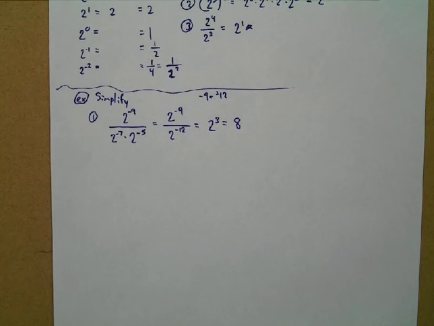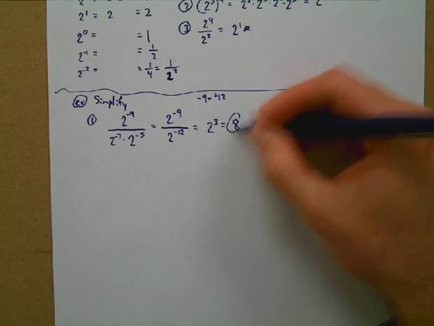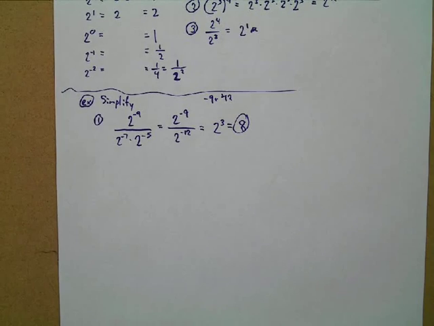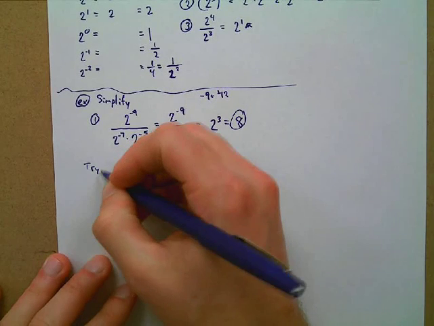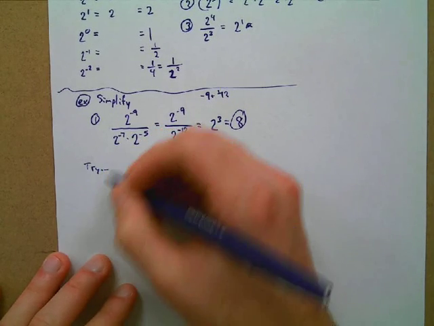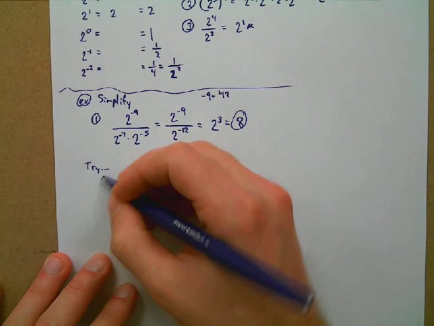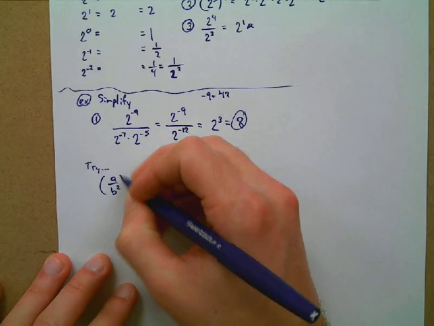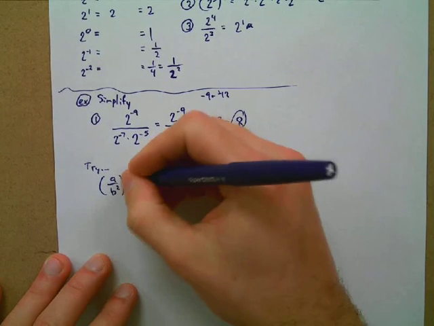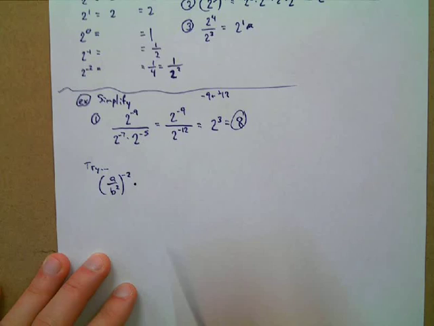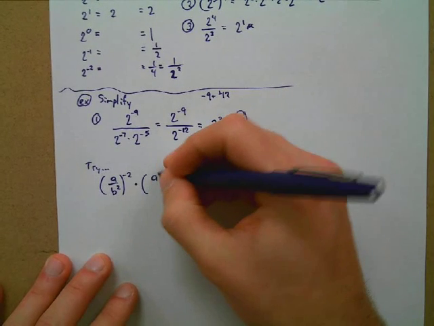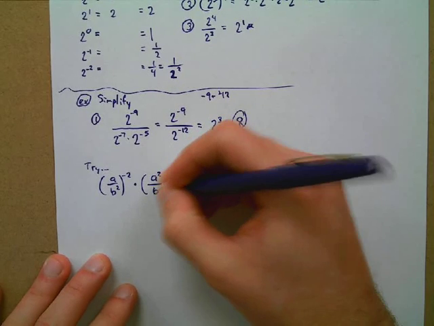So let me give you one to try. Same thing, try and just simplify here. A over b squared, that quantity to the negative 2, times a squared over b, that quantity to the 3rd. So give that one a shot.